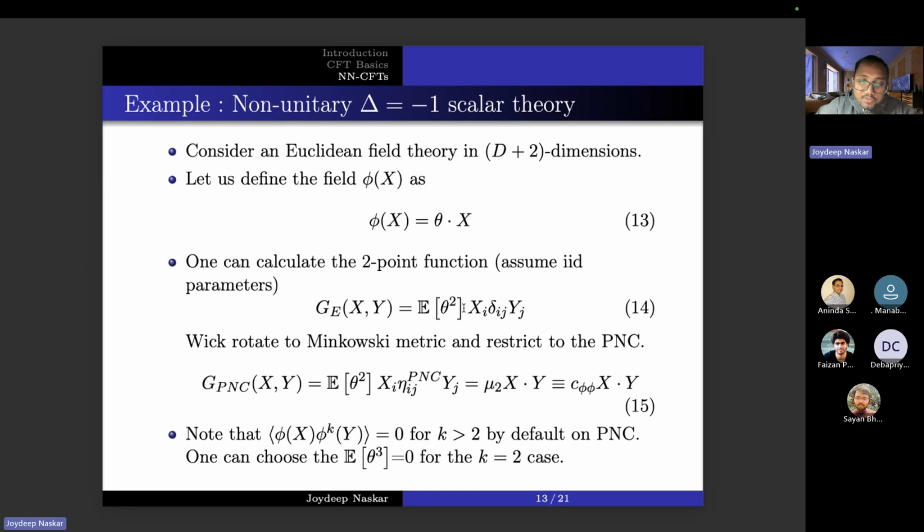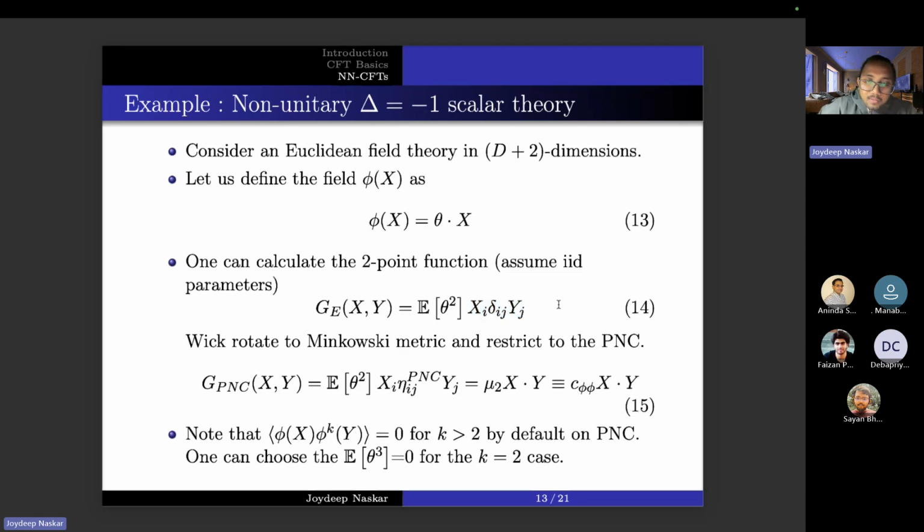If you take something even, then x dot x goes to 0. So the only operators that have a non-vanishing one point function are the ones that do not have any x and y. Essentially they are dimension 0 operators, which in a local unitary theory would be the identity operator.